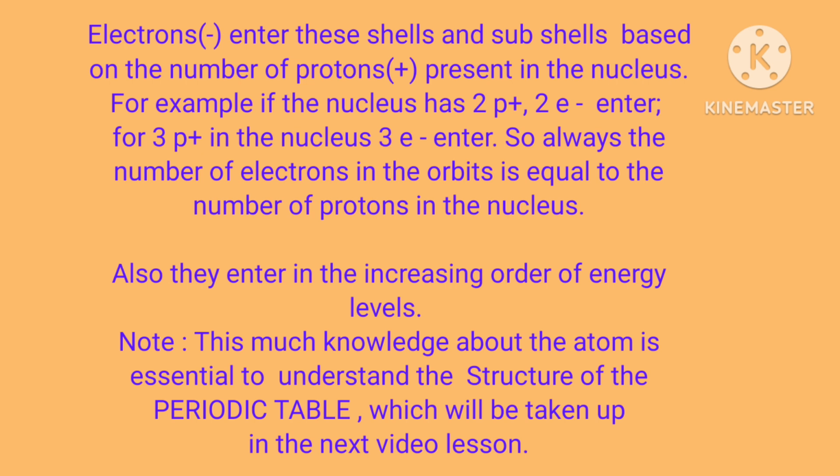So always the number of electrons in the orbits is equal to the number of protons in the nucleus. Also, they enter in the increasing order of energy levels. Note, this much knowledge about the atom is essential to understand the structure of the periodic table, which will be taken up in the next video lesson.